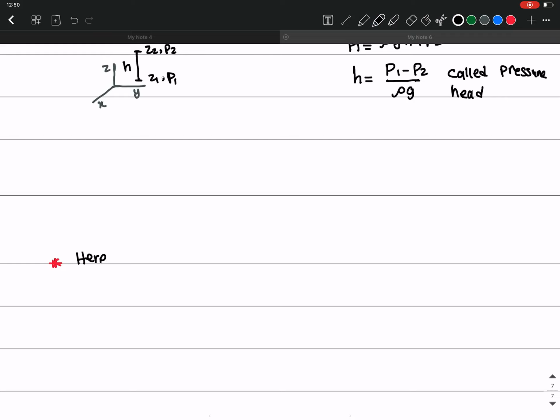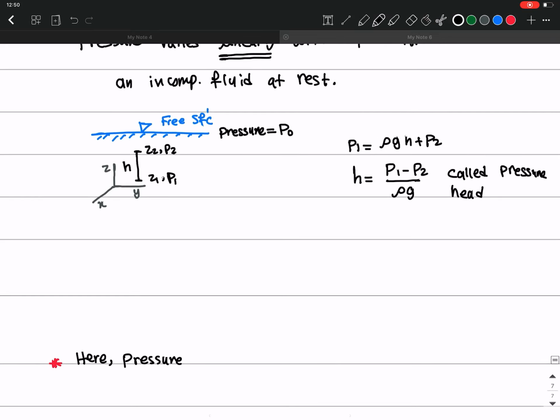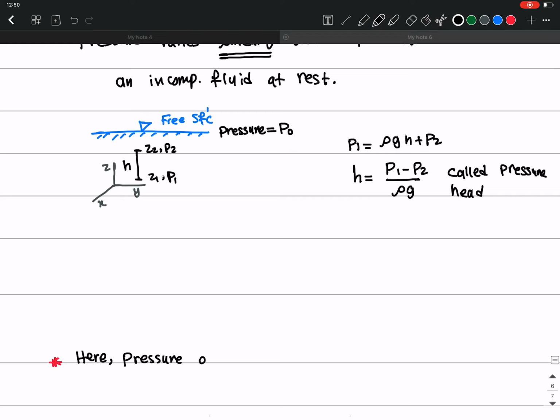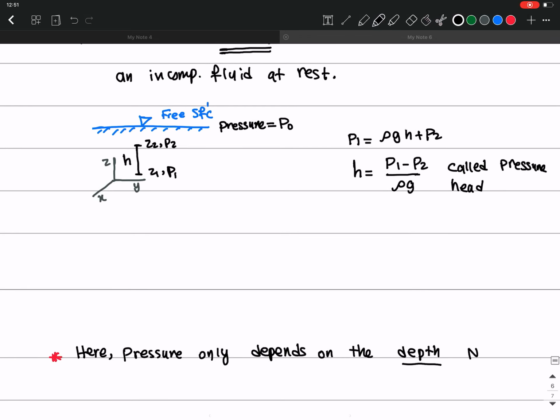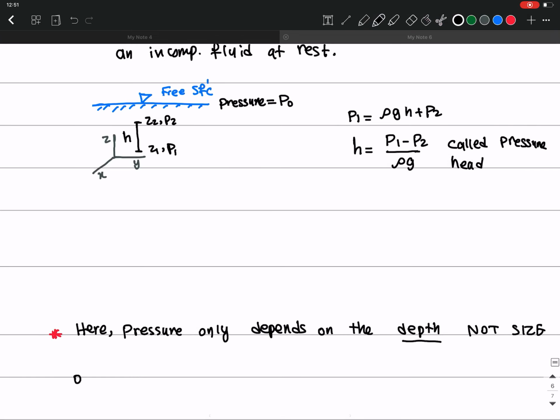So here, pressure only depends on the depth, not the size or shape of the container.